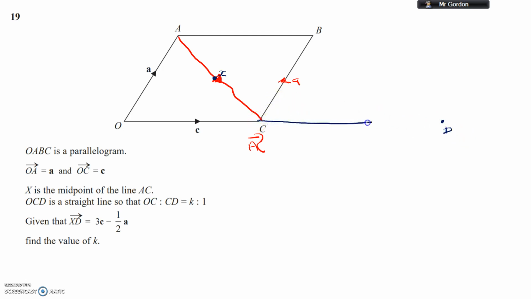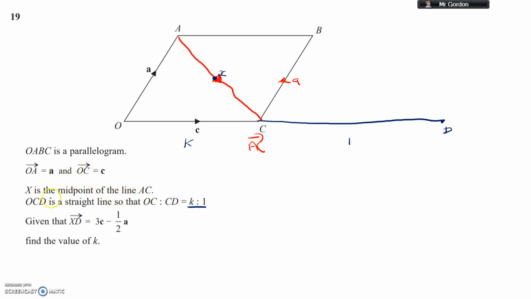So you're extending it out all the way. The ratio of the sizes of these two parts, O to C and then C to D, is K to 1. So this part is called K, and then C to D is 1. That's what that bit is telling us at the moment.